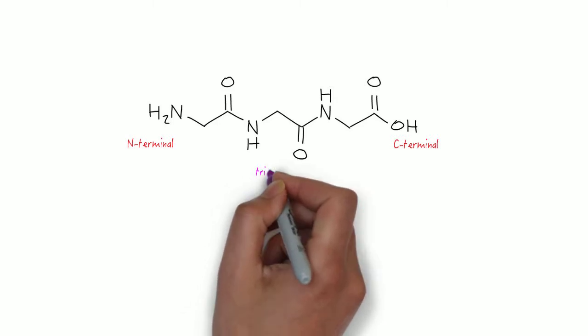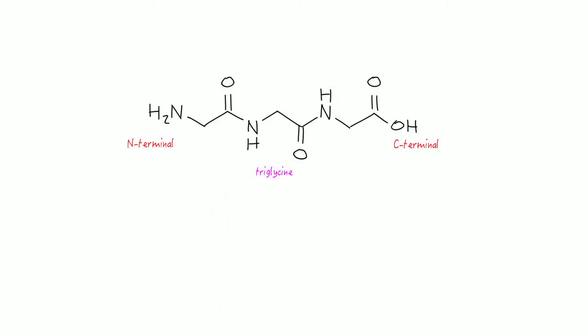Let's start by drawing triglycine. The symbol GLY refers to NHCH2CO. If someone drew gly, gly, gly as those three-letter codes, it doesn't really make sense because that doesn't specify what's on the N and C termini.